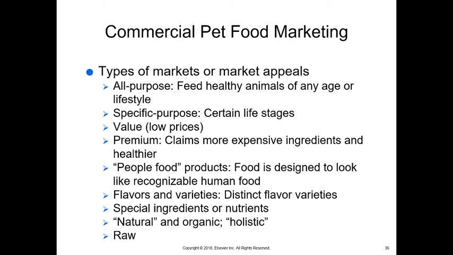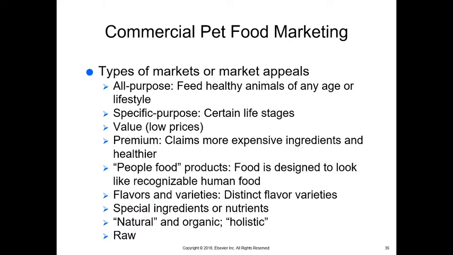There are a lot of pet foods out there, and it's really hard to know what is the best thing to feed your pet. So you need to understand that these pet foods are marketed, and they're marketed to you by people who don't necessarily understand nutrition. So I'm going to explain what the labels might say on the pet food and what it actually means.